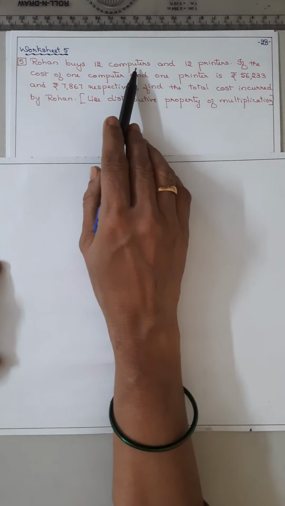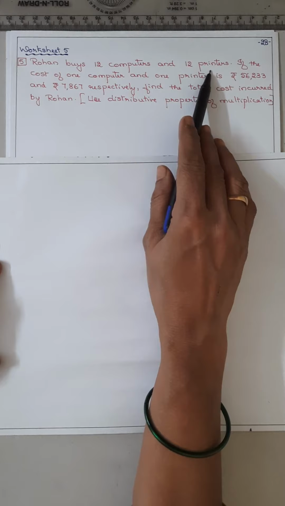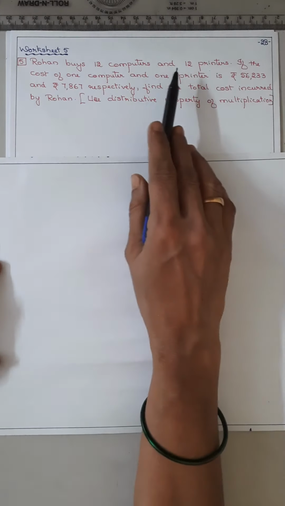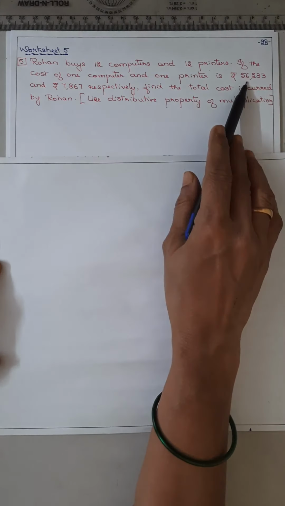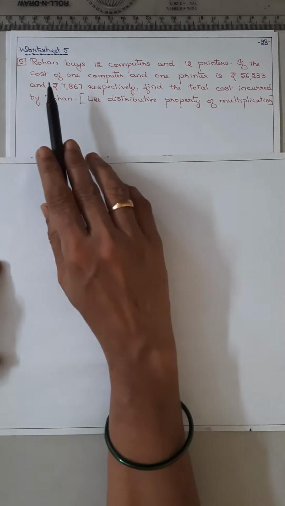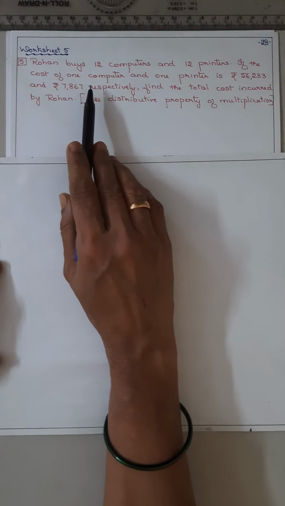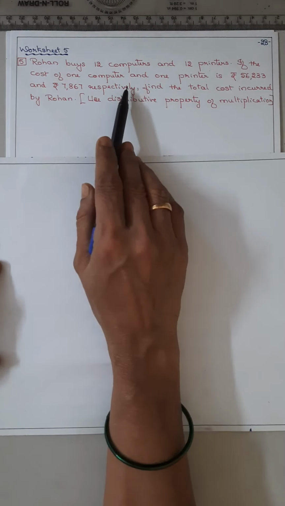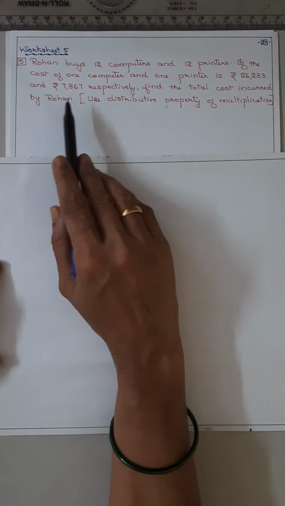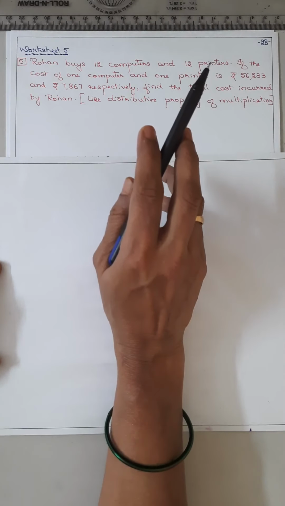Rohan buys 12 computers and 12 printers. If the cost of one computer and one printer is 56,233 and 7,867 respectively, find the total cost incurred by Rohan.